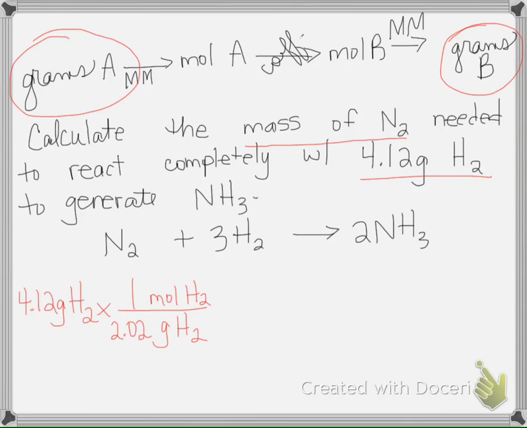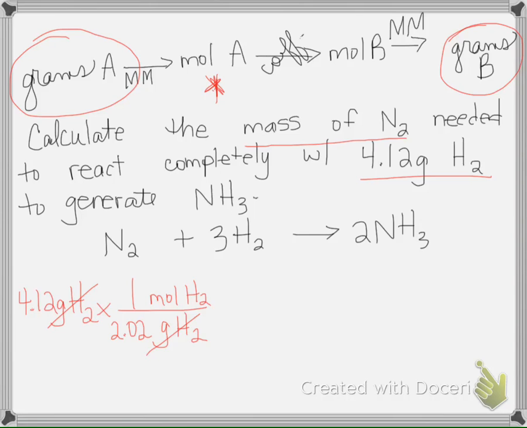Even though the balanced equation has hydrogen with a coefficient of 3, that's 3 moles of hydrogen, which is 6 grams. A mole is whatever I get from the periodic table for hydrogen, which is diatomic. Okay, so right here, my grams of hydrogen is going to cancel. And I'm left with moles of hydrogen. So I'm at this point of my flow chart.